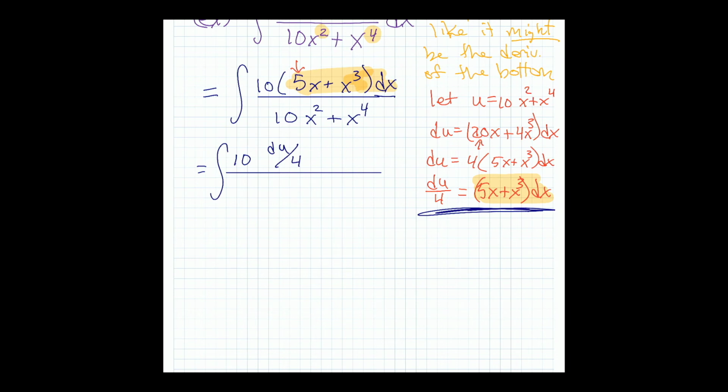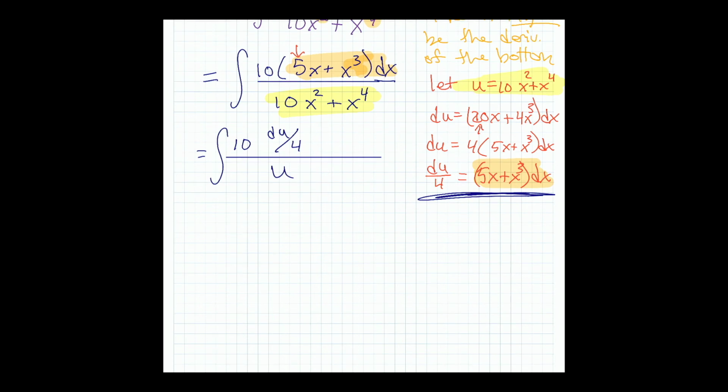And in the denominator, of course, we have 10x squared plus x to the fourth, but that is what we're calling u. So this is what you get when you make your substitution. You've got the 10 over 4, which I'll take on the outside, and then the integral of du over u.